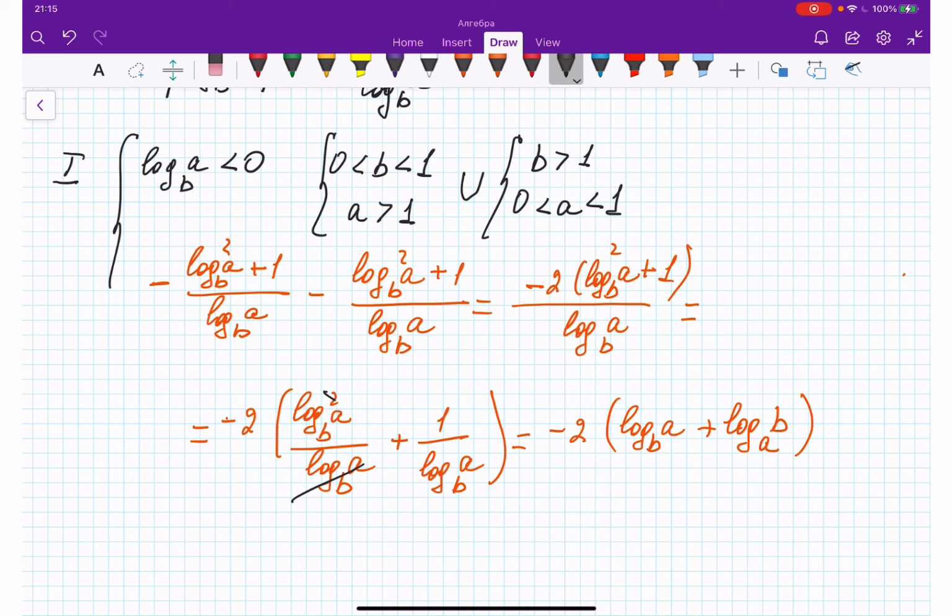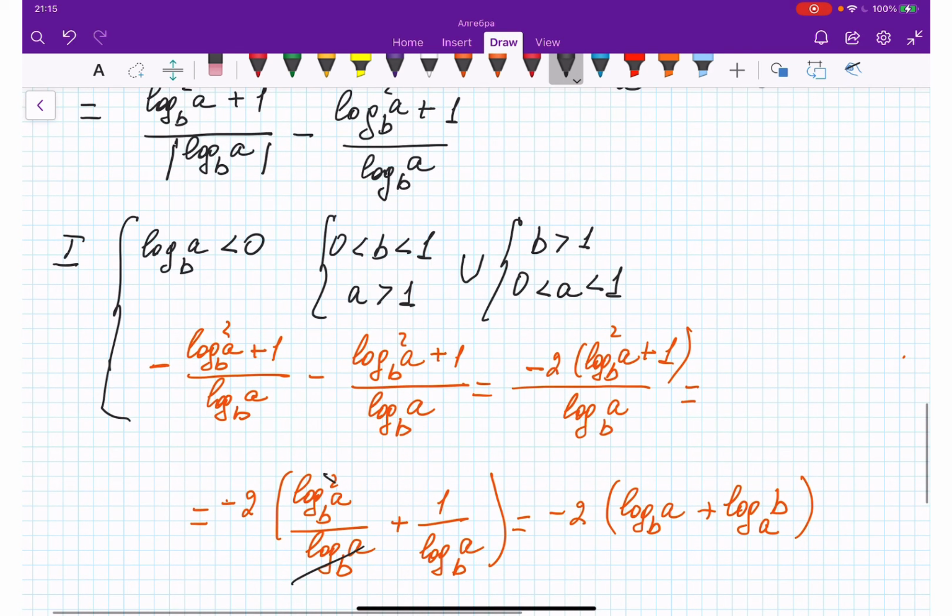So this is when our denominator log_b(a) is negative. Now let's explore when it is positive.